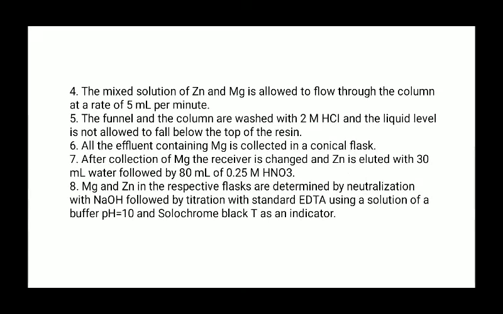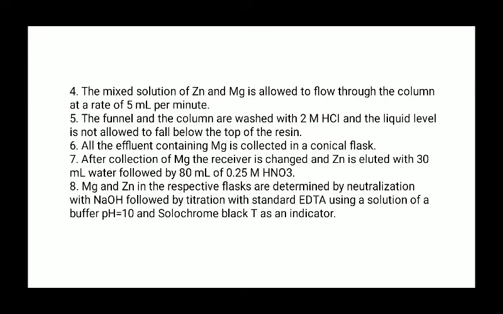The mixed solution of zinc and magnesium is allowed to flow through the column at a rate of 5 ml per minute. The funnel and the column are washed with 2 molar HCl and the liquid level is not allowed to fall below the top of the resin. All the effluent containing magnesium is collected in conical flasks.